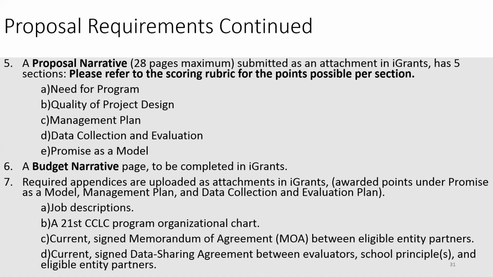So you will want to read the evaluation update to see what kinds of data we're asking for, because we are asking for more than ever student identifiable data that meets the FERPA laws, but some school principals feel that you are not, especially community-based organizations, that they can't share that, but they can. So all of that needs to be worked out upfront and in writing so that there are no questions later on.